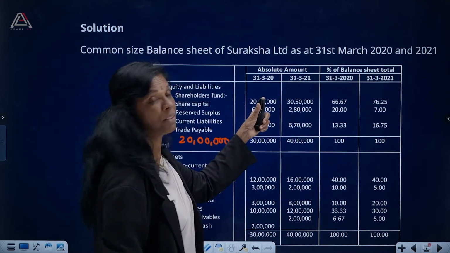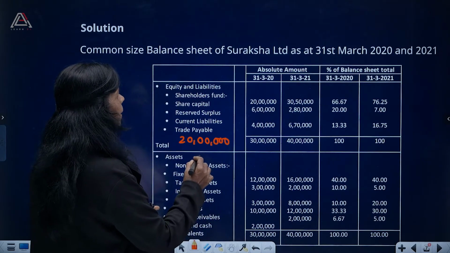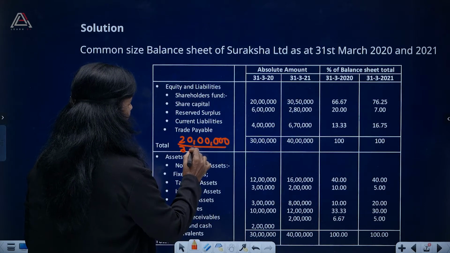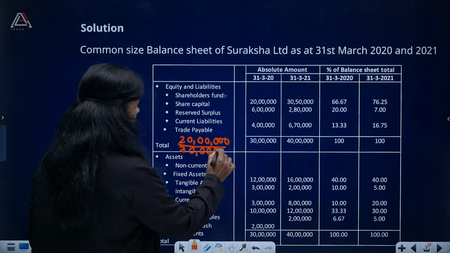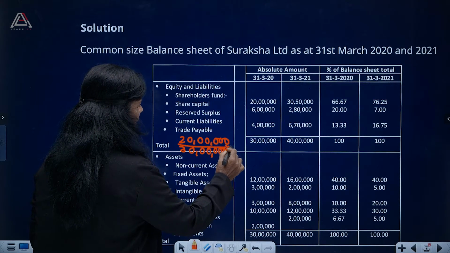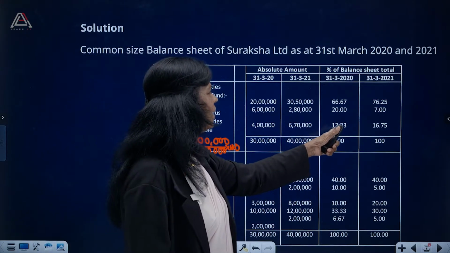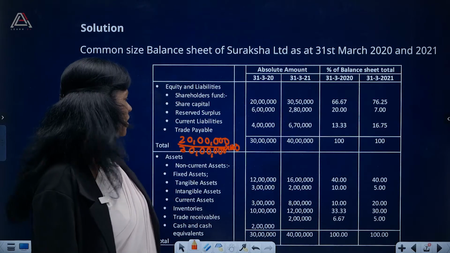So find out first case. This is the 20 lakh. Then that item we have to divide it by 30 lakh, that is the liability side total, into 100. So we will get the percentage, 66.67.